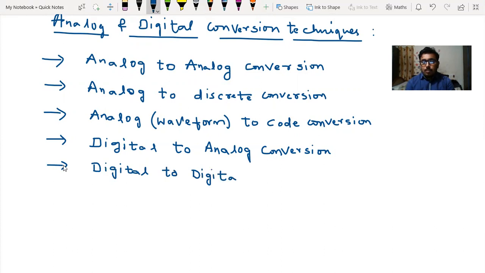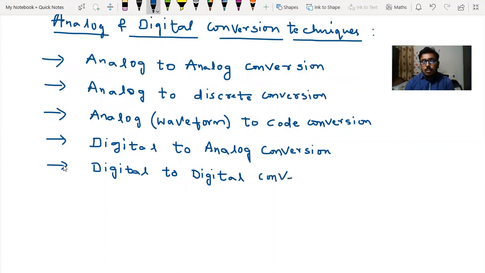We can perform analog to analog conversion, analog to discrete conversion, analog to code conversion, digital to analog conversion, and we can also go for digital to digital conversion.